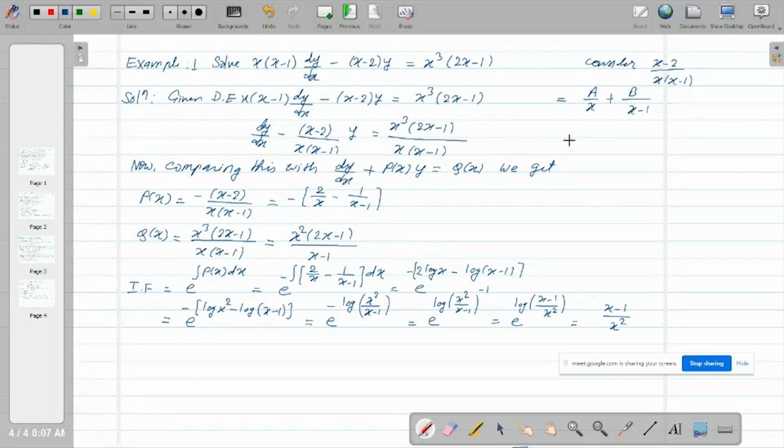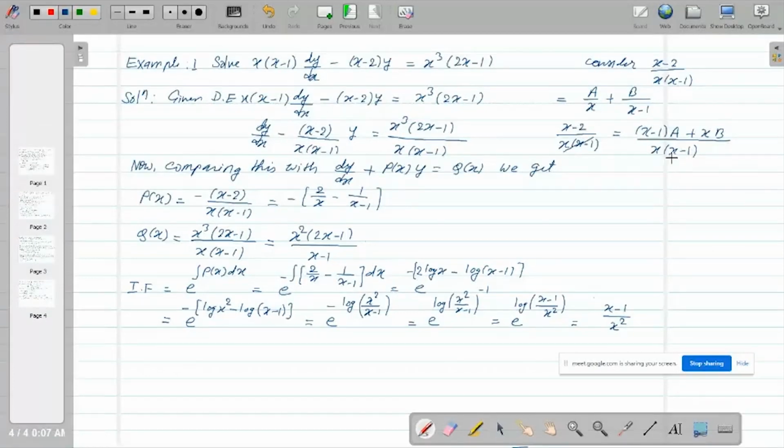Okay, now cross multiply. If you cross multiply, you will get x minus 2 divided by x minus 1, and this equals x minus 1 a plus x b, divided by x minus 1.